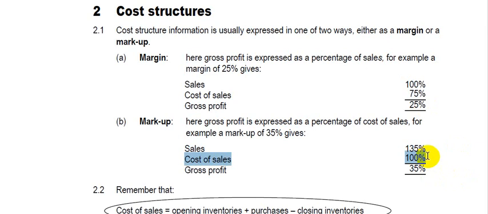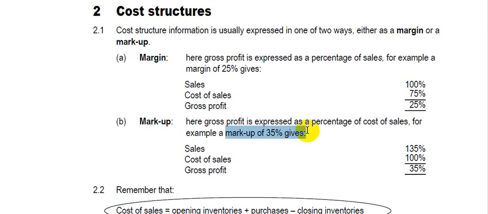Then whatever markup you are given, for example in this illustration we are given markup of 35%, you add the 35% to the cost of sales to give you your sales of 135%. If the markup you are given is 25%, then our sales are going to be 125%.